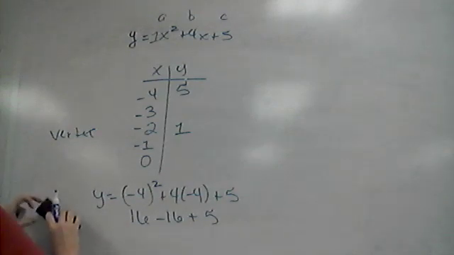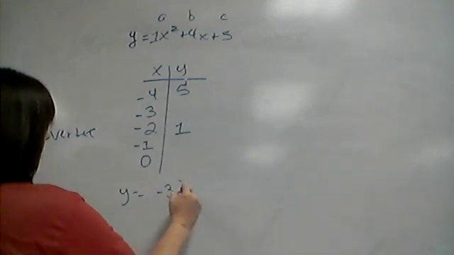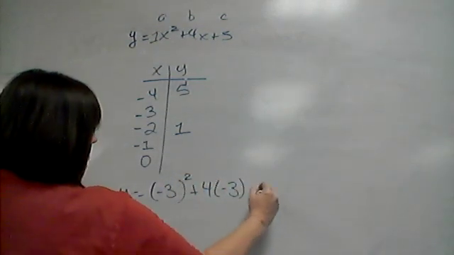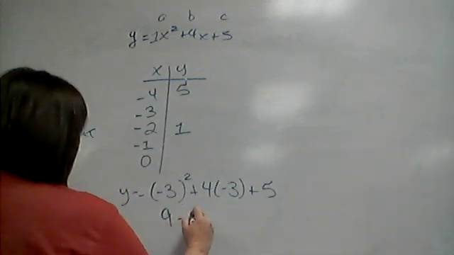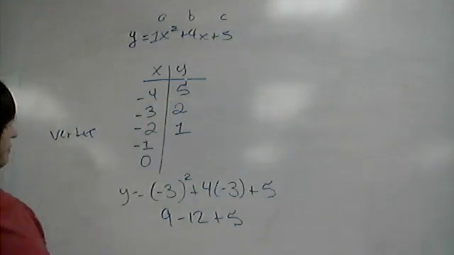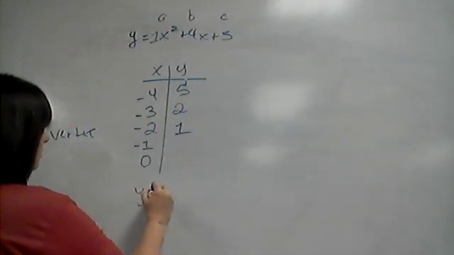Then I'm going to plug in negative 3. So negative 3 squared plus 4 times negative 3 plus 5. 9 minus 12 plus 5. That's going to give me 2. All right. Then I'm going to plug in negative 1.